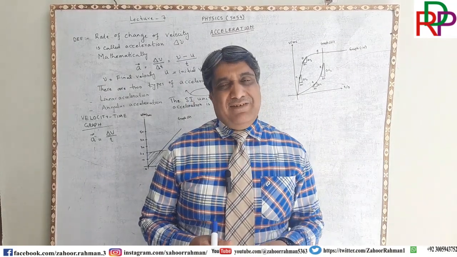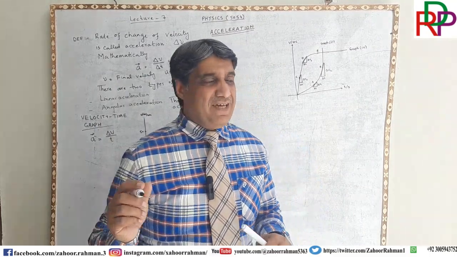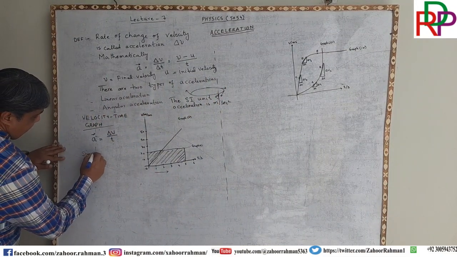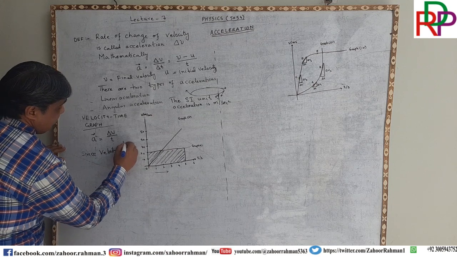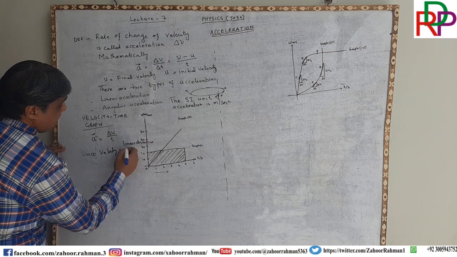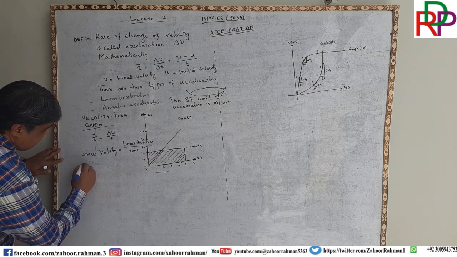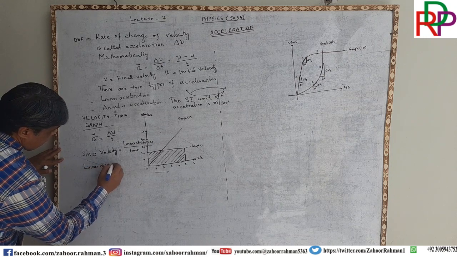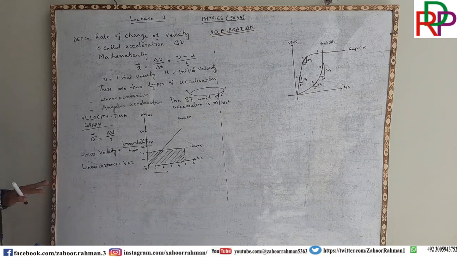Now, the second information which we can get from this graph is, since velocity is equal to linear distance divided by time, if we want to find the linear distance, then linear distance is equal to velocity multiplied by time.